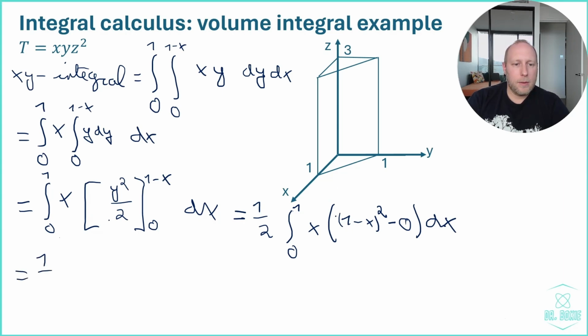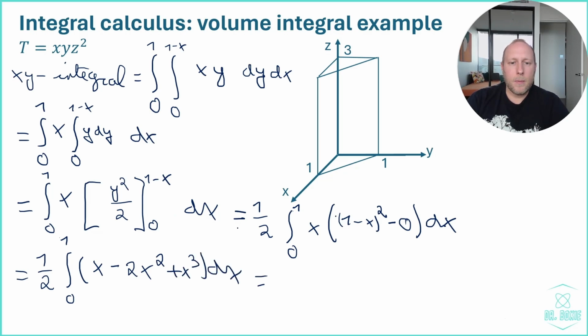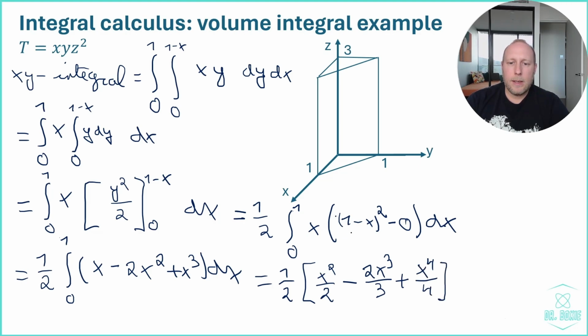So we're left with 1/2 times, if we work out the brackets, we get the integral of 0 to 1 of x minus 2x squared plus x cubed dx, which is 1/2 times the integral of x is x squared divided by 2 minus the integral of 2x squared is 2x cubed divided by 3 plus the integral of x cubed is x to the power 4 divided by 4. And we need to evaluate this between 0 and 1.